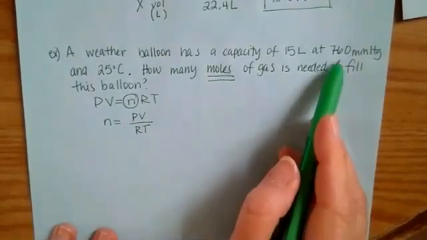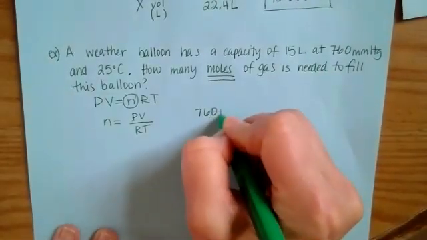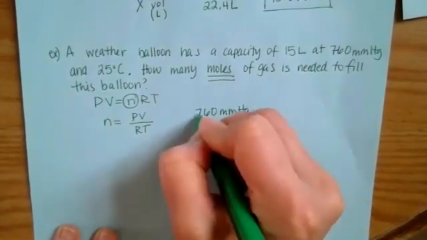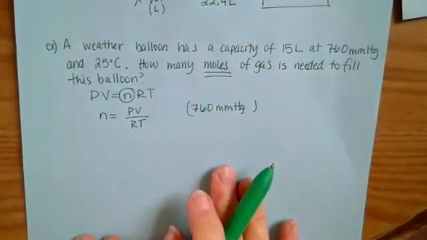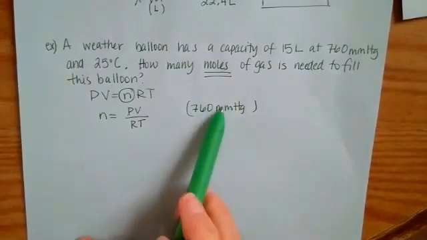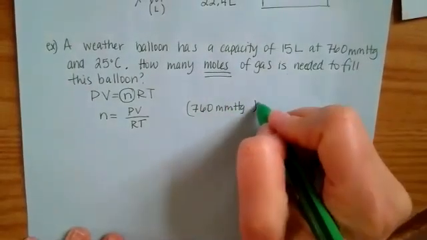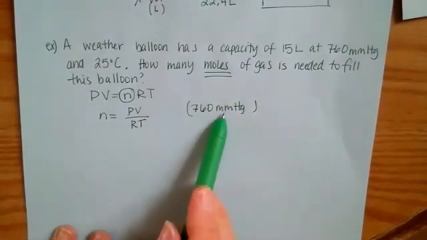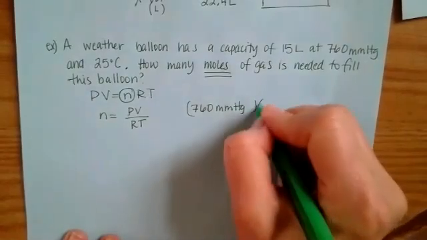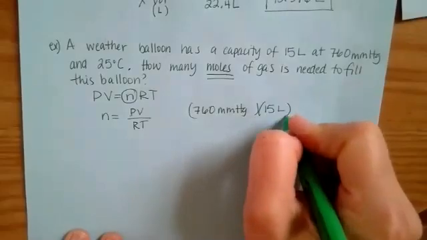So pressure is 760 mmHg. For teaching purposes, I am going to use all my units in my work. As students for the exam, you don't have to use all your units in your work. You can just use values. But I'm going to show you how to determine which R constant to use. I have 15 liters. It's already in liters, so I don't have to convert it.